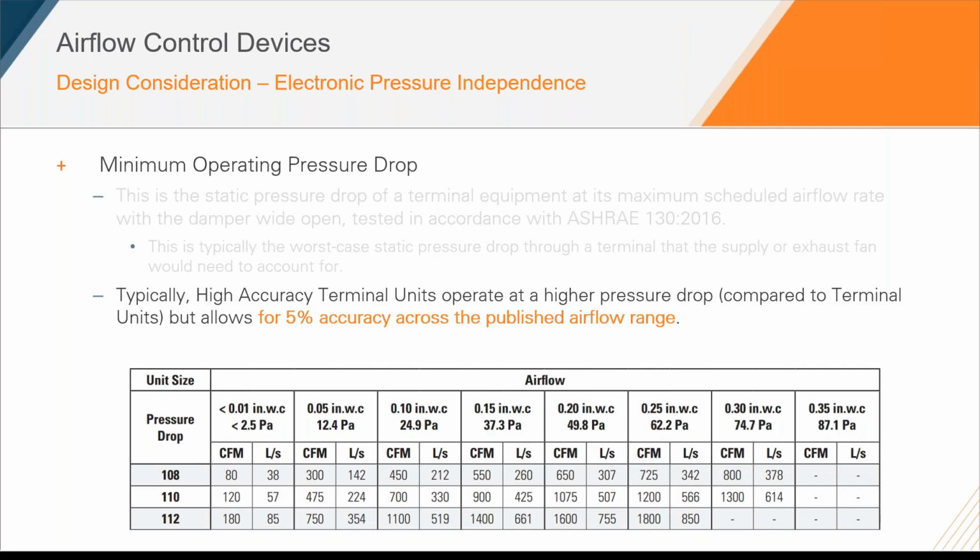What this means is if we just want to have the capability of reading 550 CFM through our 8-inch valve, we have to be able to maintain 0.15 inches with the damper blade being fully open. Now, since the damper blade is fully open, this doesn't give us any controllability at this setpoint. So if we want to be able to control to 550 CFM, we're going to have to allow for some tolerance, a little bit more than 0.15 inches. This lets the damper blade close a little bit, and now we can control to 550 CFM.